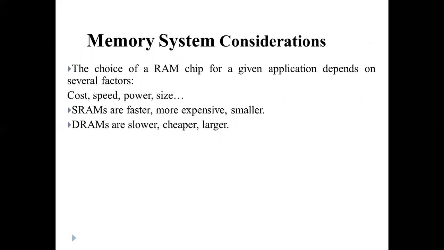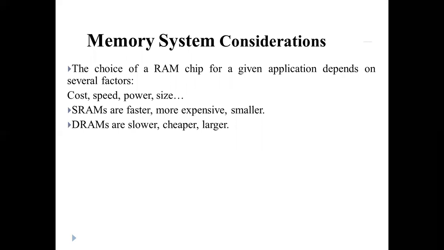Memory system consideration. In this part, we will look at what type of memory should be considered and preferred while designing our computer system. This slide will tell you how to select what type of memory should be used as per the application required.